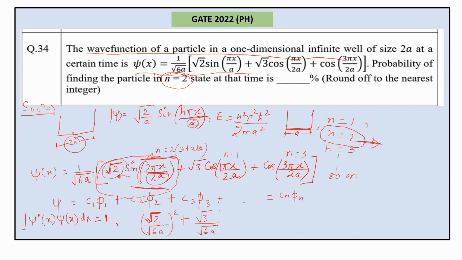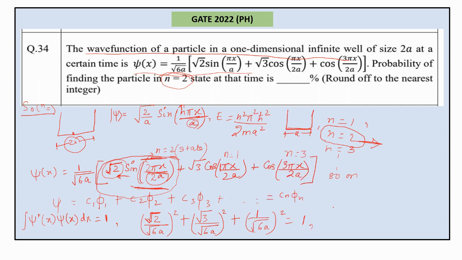I'm just doing it directly because these constants will give you their square, 1 upon root 6a. These terms will not come, because when you integrate, it will give you a 1. So just take the constants that are in front.